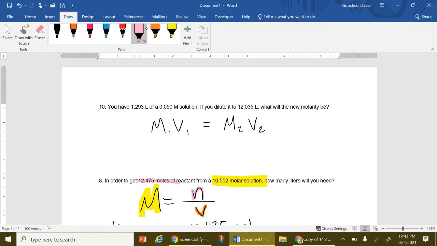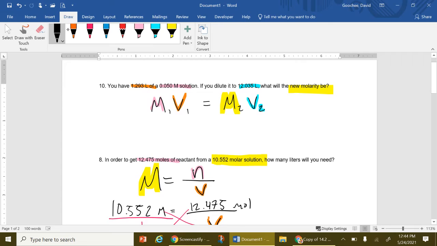The initial molarity is 0.05 molar. The initial volume is 1.293 liters. The final volume is 12.035 liters, so we want to know the final molarity, the new molarity.